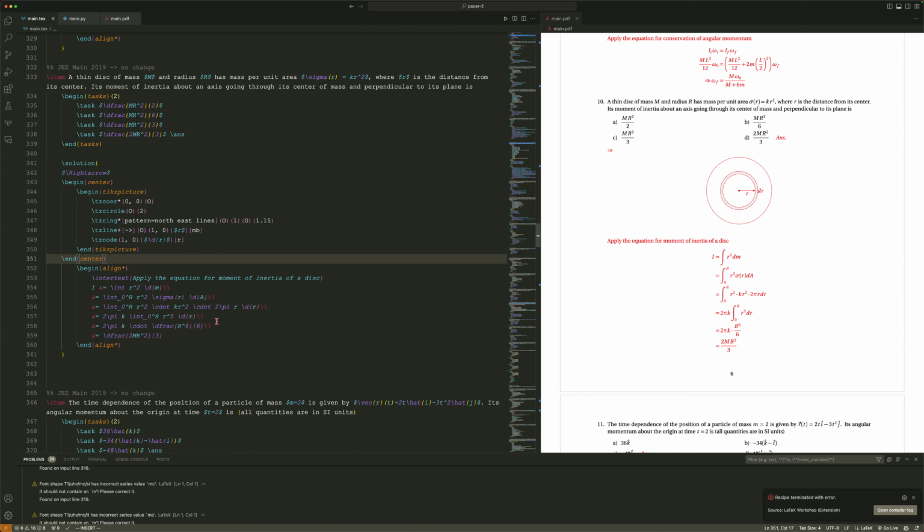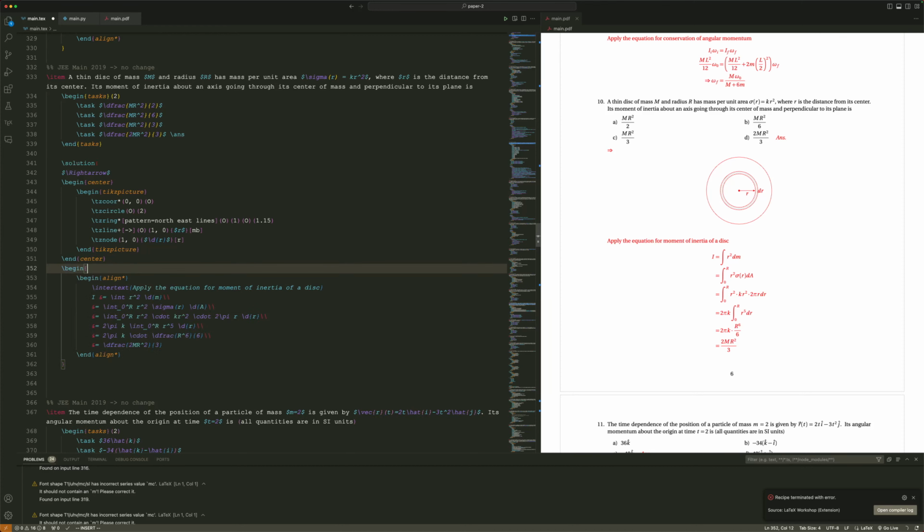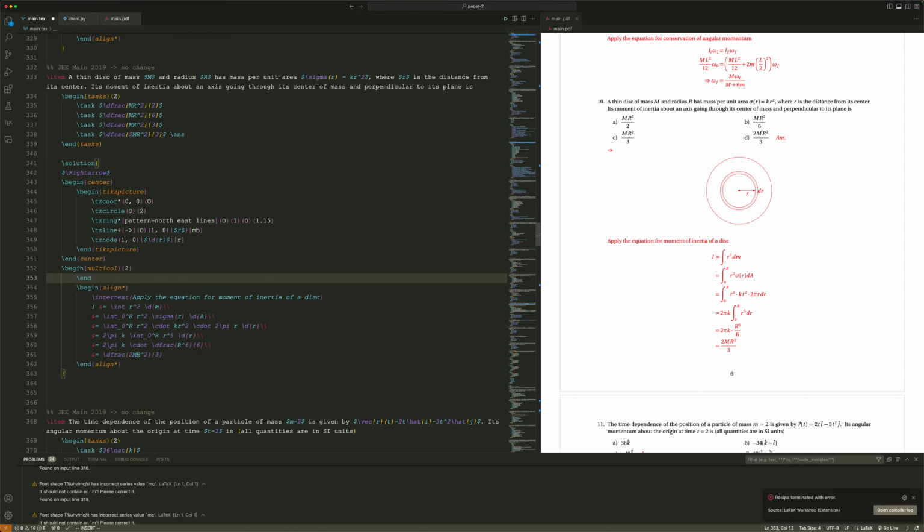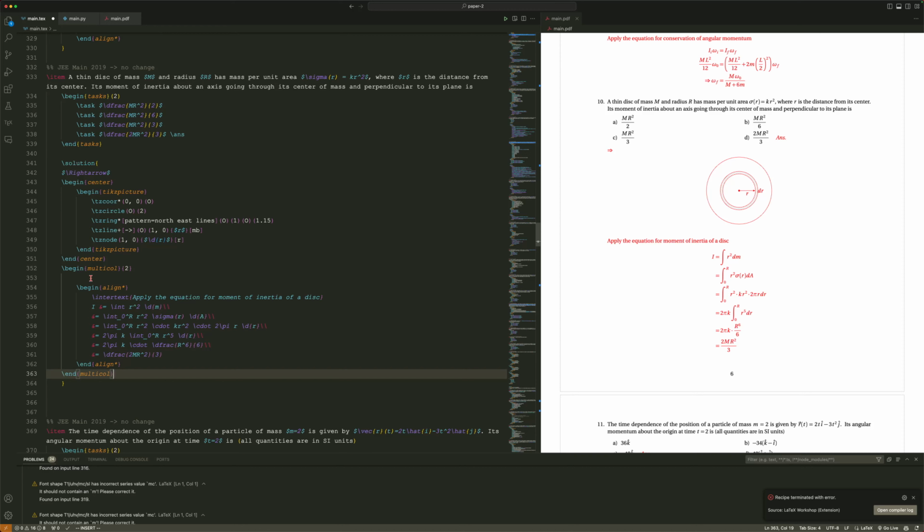Let's use column, begin multicol, and this will be 2, and end multicol, and we have to wrap this thing into multicol.